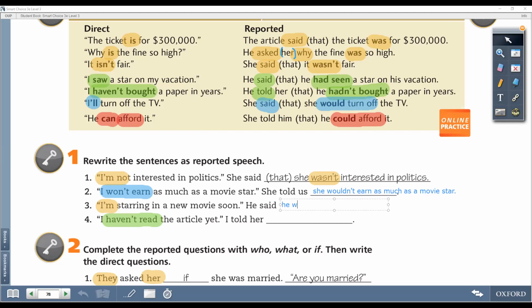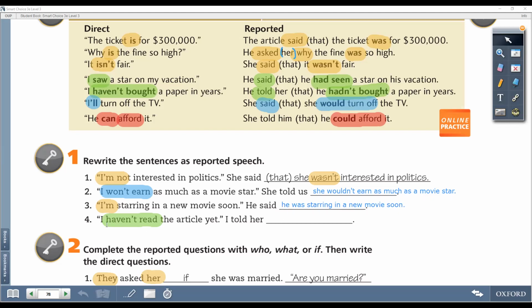So he was what? Starring in a new movie soon. Okay. He said he was starring in a new movie soon. Very good. Present continuous, past continuous.